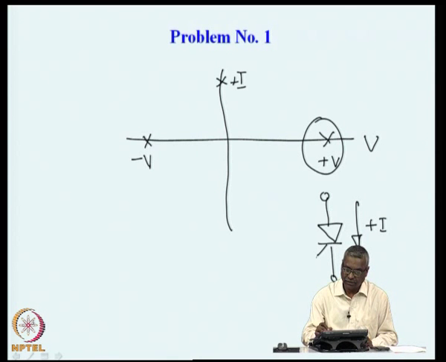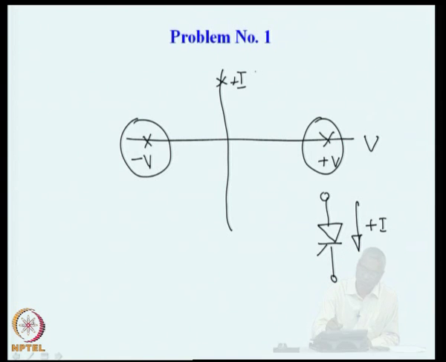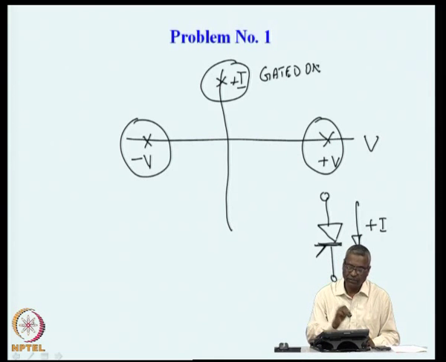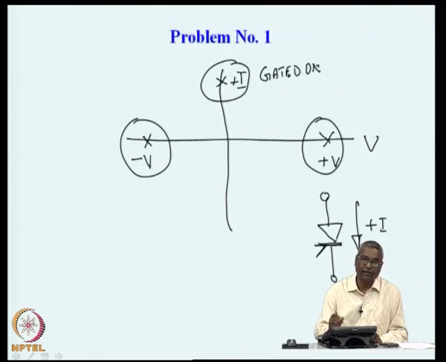And whether the gate is enabled or not, if we apply a negative voltage to the device, then the device will be in the blocking negative voltage condition. When the gate is on, the device will pass positive current. So, a thyristor, which has control characteristics through the gate, can be selected for this application.